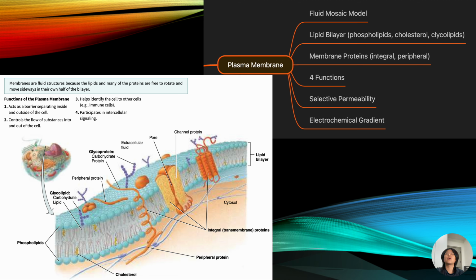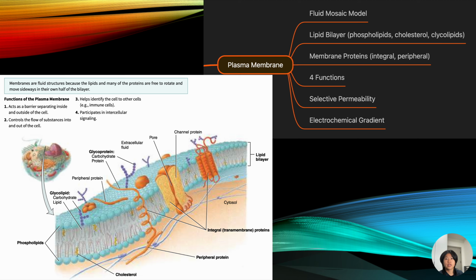There are a few properties of the plasma membrane that allow us to do these things. Firstly is what we call selective permeability. Permeable means allowing something to pass through it. Impermeable means something cannot pass through it. By selective permeability, we mean that there are certain substances that can pass through the plasma membrane more readily than others.